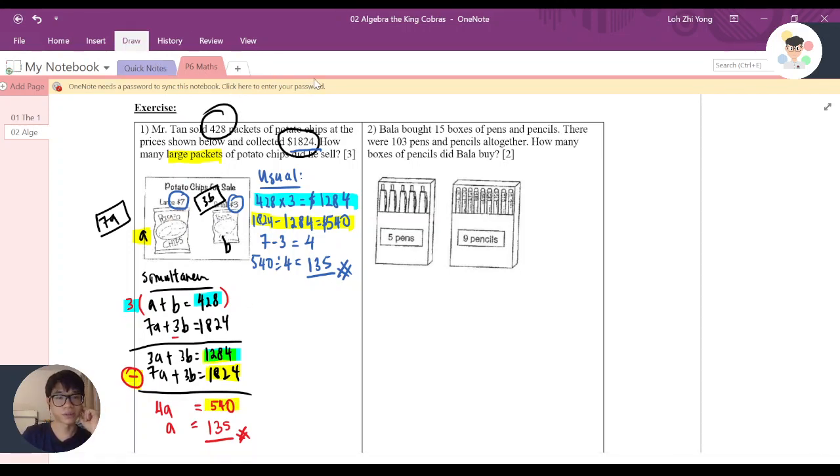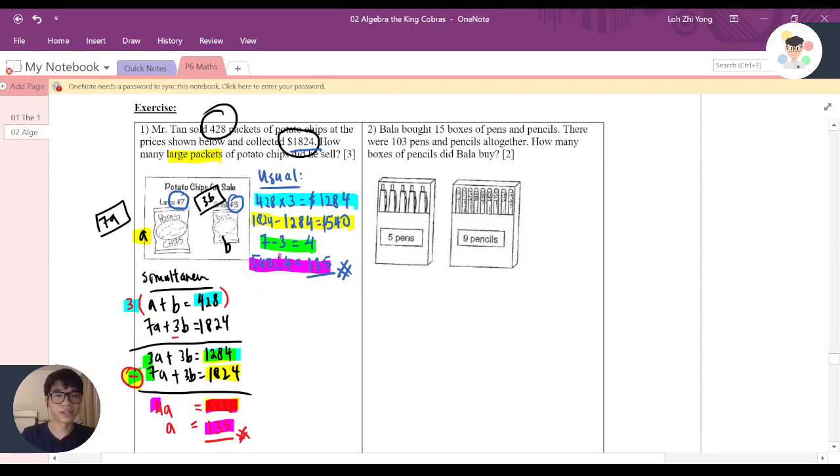And the last part, 7 minus 3, we know this. Finally, 540 divided by 4 is equal to 135. So it's exactly the same thing.